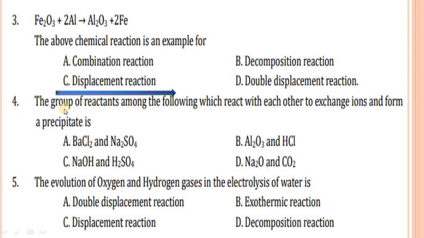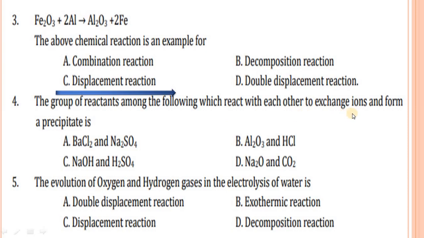Question number 4. The group of reactants among the following which react with each other to exchange ions and form a precipitate is, the 4 options are barium chloride and sodium sulfate, aluminium oxide and hydrochloric acid, sodium hydroxide and H2SO4, that is sulfuric acid, and Na2O and carbon dioxide. See the question.